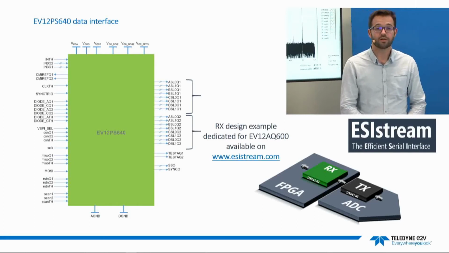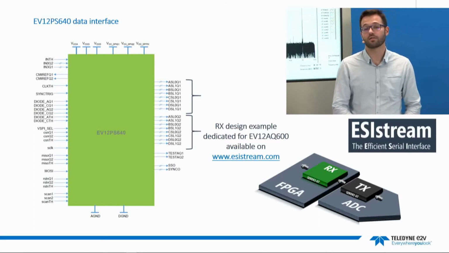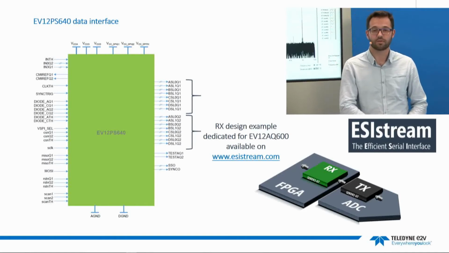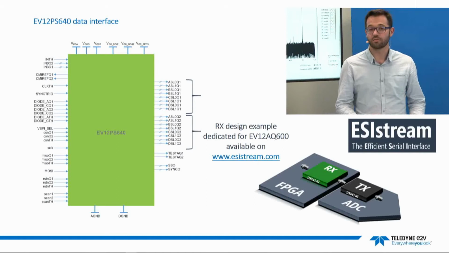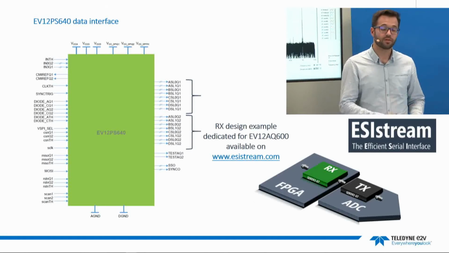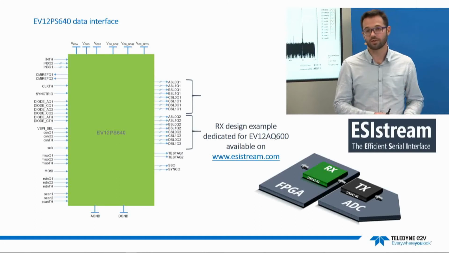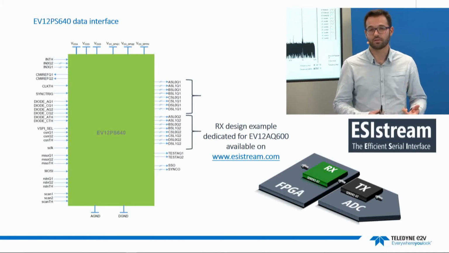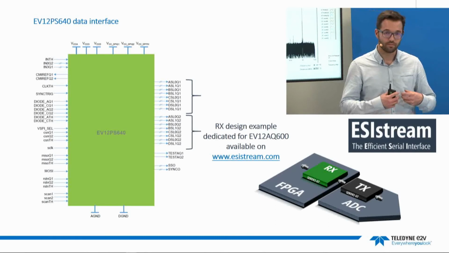We provide a dedicated receiver VHDL design for the EV12AQ600 on the website easystream.com. This proof of concept embeds two EV12AQ600 dies, so it will require two instances of this design example.